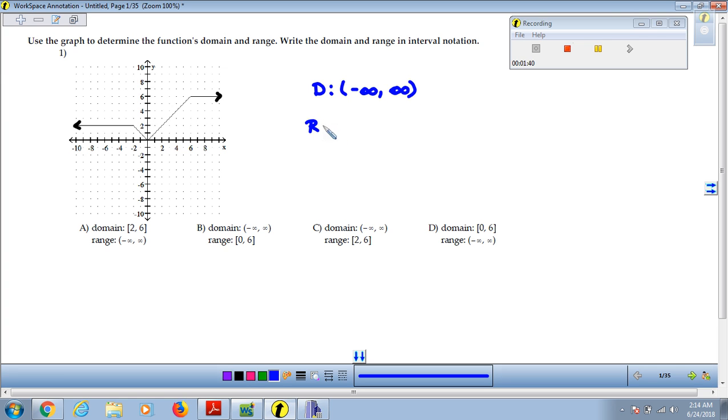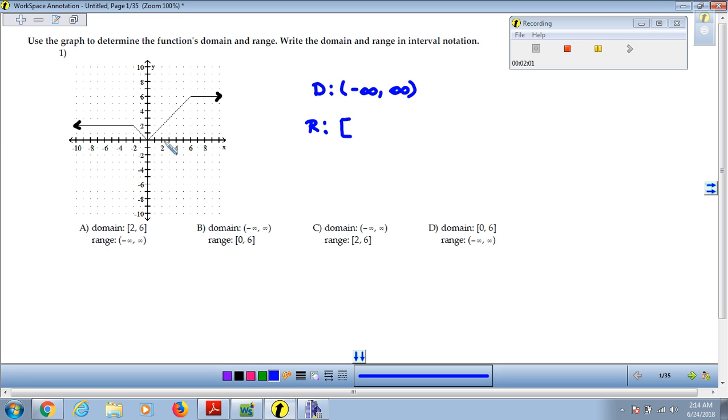As far as the range, you're going to start from looking at the y coordinates of this graph, meaning the y values, the y-axis, from bottom to top. So at the very bottom, this starts at 0 right here on the y's. Now the question is, should I use a bracket or a regular parenthesis on the 0? You're going to use a bracket because you can see that this is passing right through that y coordinate.